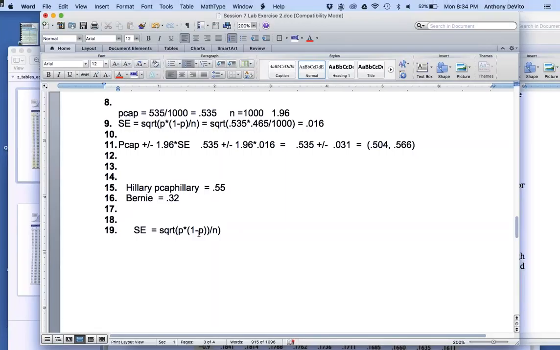That's what they do. They don't bother to use the real proportions for each individual candidate. They use 0.5 for all of them. That's why you see a poll that says Bernie Sanders, 36% of the vote, plus or minus 3%, Hillary Clinton, 10% of the vote, plus or minus 3%.